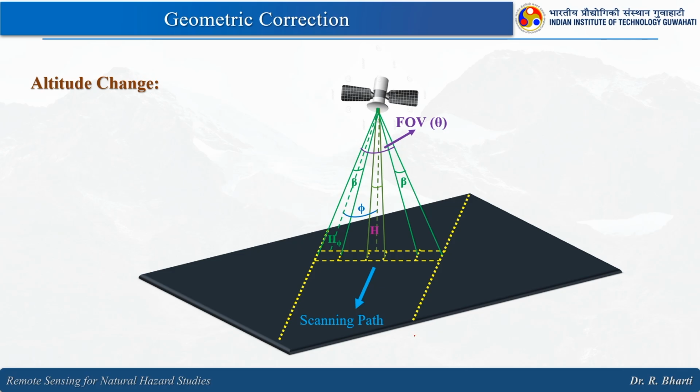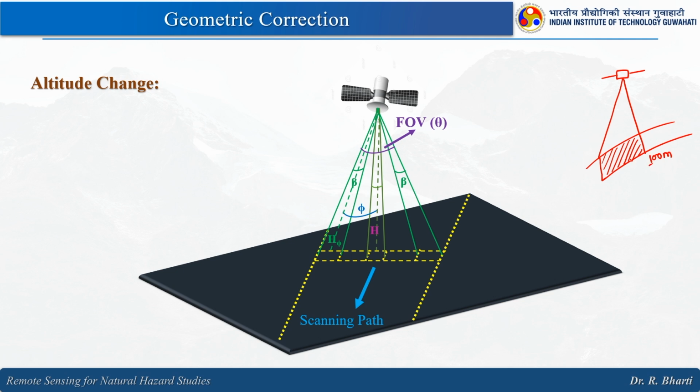So if you consider this satellite here, which is looking at this particular ground, and here you are having 1 pixel, let us say this is 1 pixel, this is at 100 meter from sea level, right?